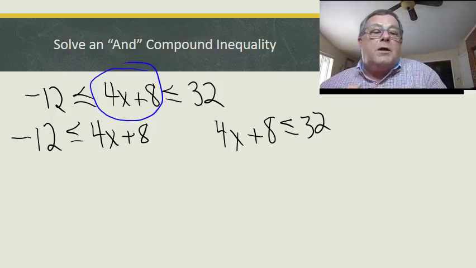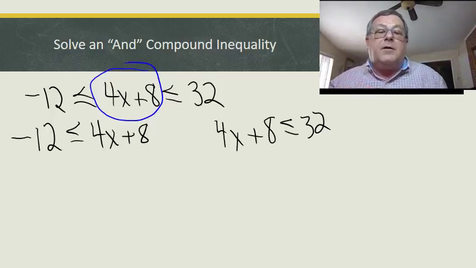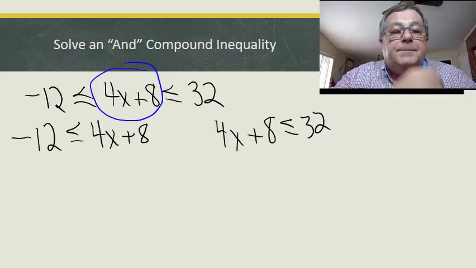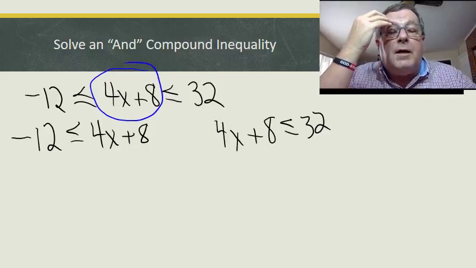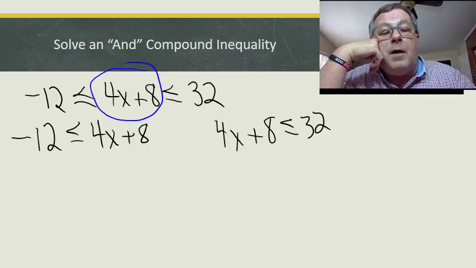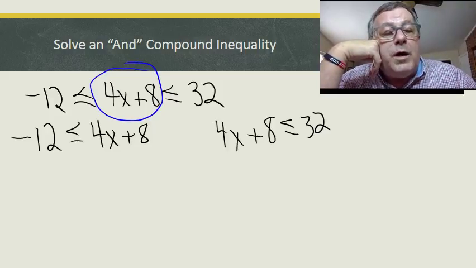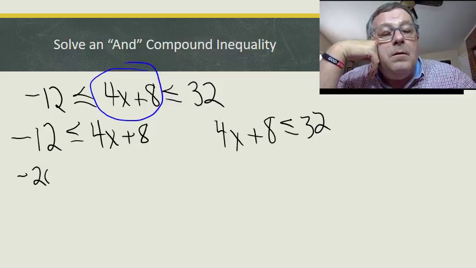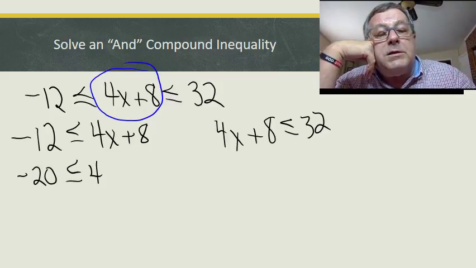All right, so let's look at these one at a time. Well, I got negative 12 is less than or equal to 4x plus 8. I want to get my constants all on one side, so I'm going to subtract 8 from both sides. And when I do, I'm going to have negative 20 is less than or equal to 4x.